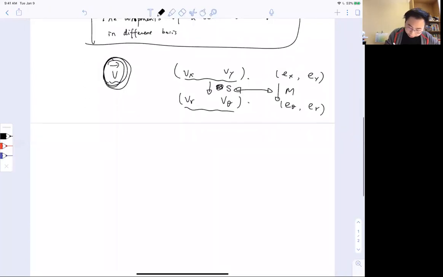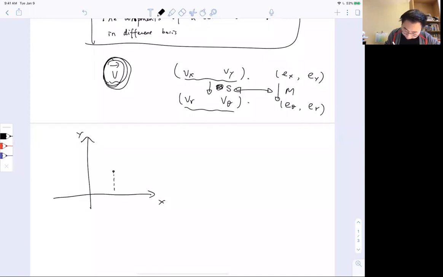So let's look at an example. For example, I have a two-dimensional system. I have a vector starting at point (1, 1), and the angle with the x-axis is 45 degrees, and assume the length is square root of 2.